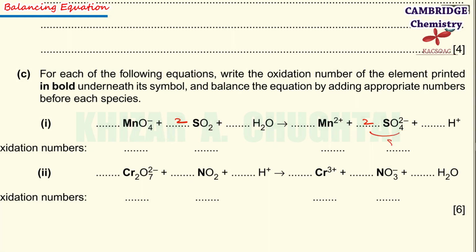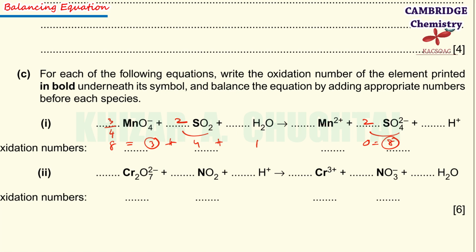How many oxygen atoms are there? 8 oxygen atoms on the right hand side. And here's a 4 oxygen atom, 1 oxygen atom. So what number should be put over here to balance? Oxygen must be equal to 8. Obviously 3 by 4, right? So I'm going to write over here multiplying this species with 3 by 4 just to balance the oxygen.